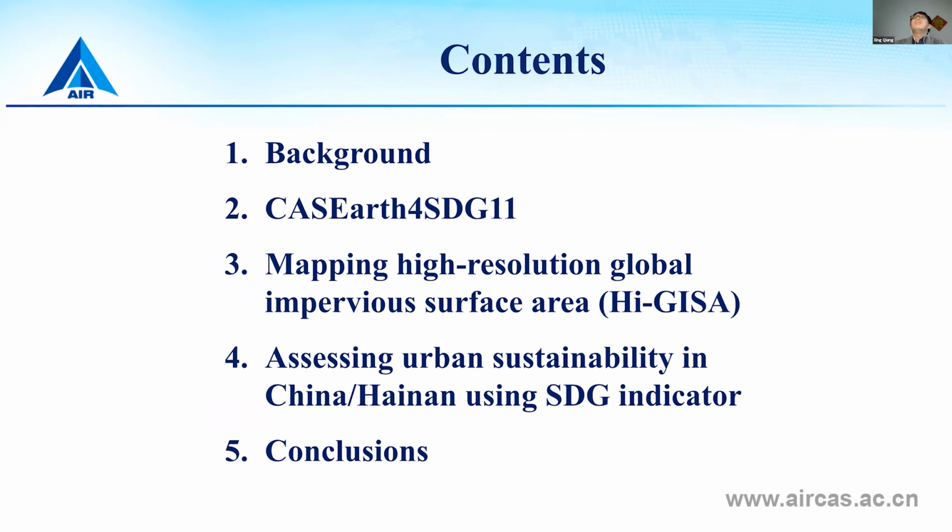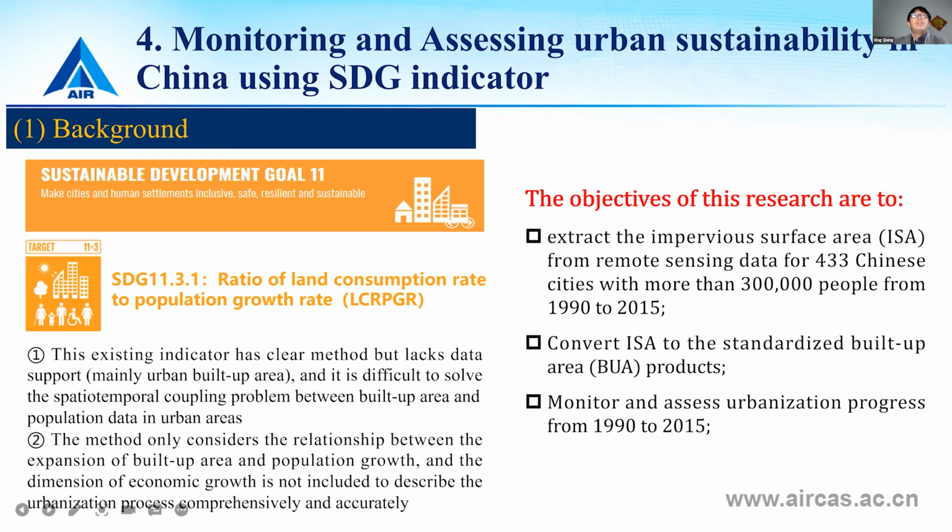The next one is our application to assess urban sustainability. Again, let's come to this SDG 11.3.1 indicator, which is the ratio of land consumption rate to population growth rate.